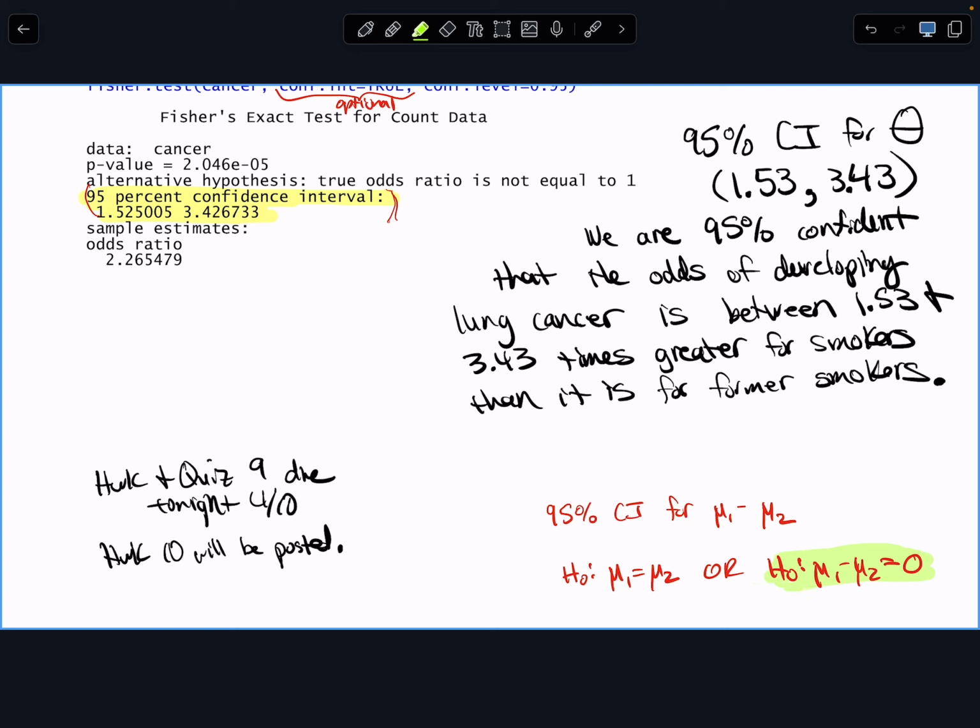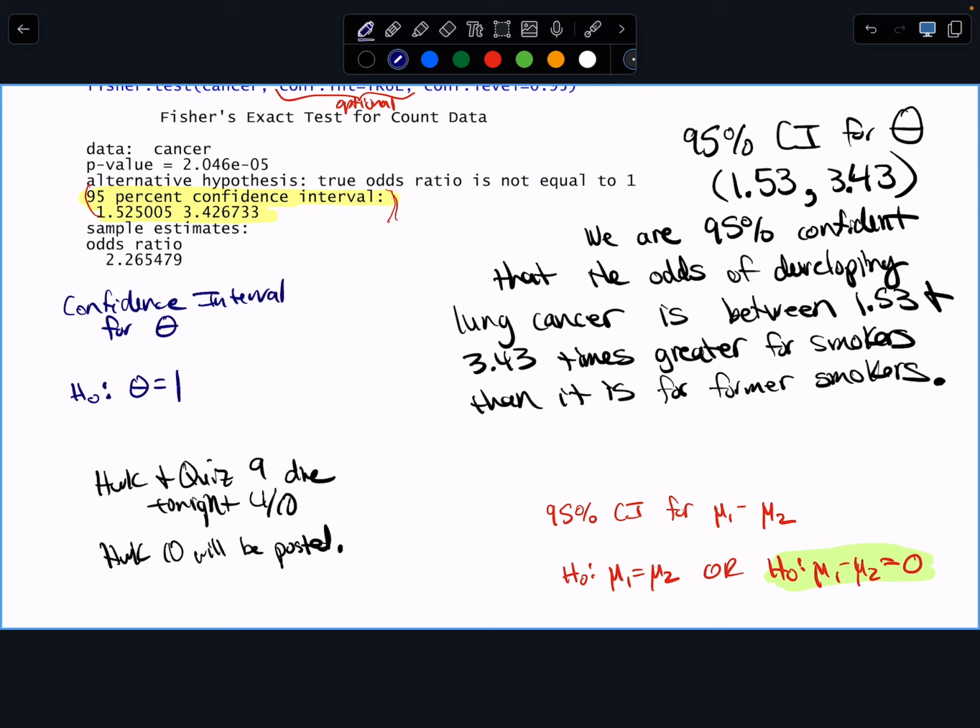So when we're doing our hypothesis test or our confidence interval for theta, right? Our null hypothesis every time we do the odds ratio test is that theta equals 1, right?